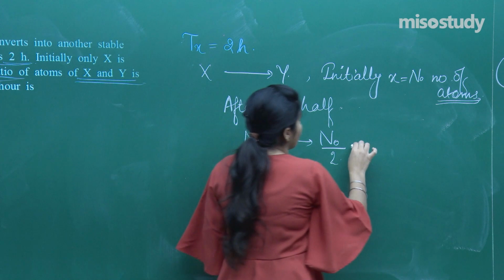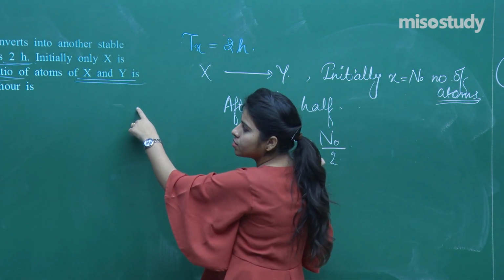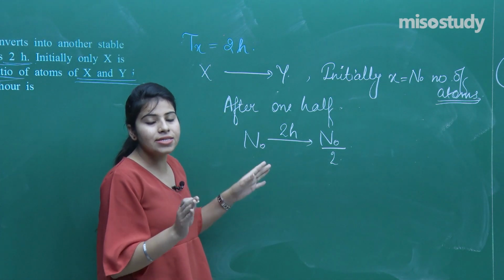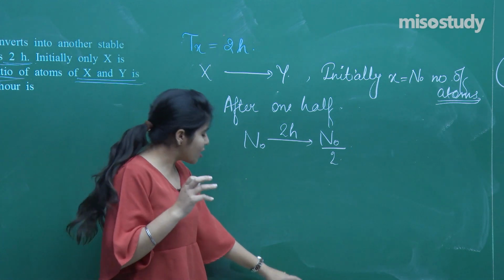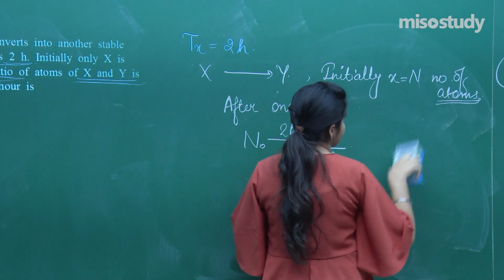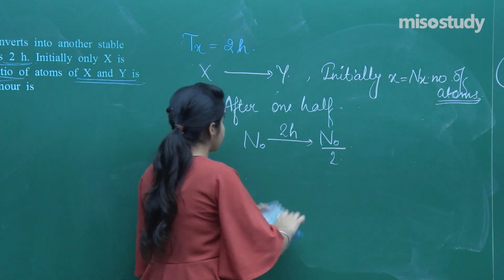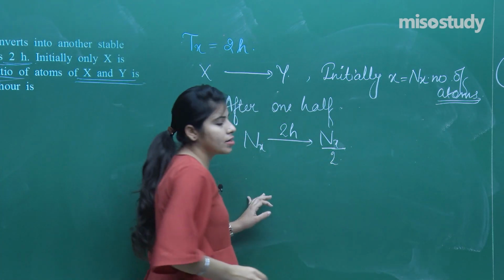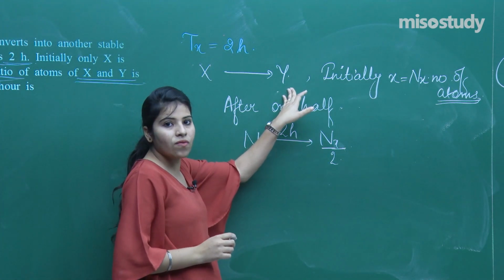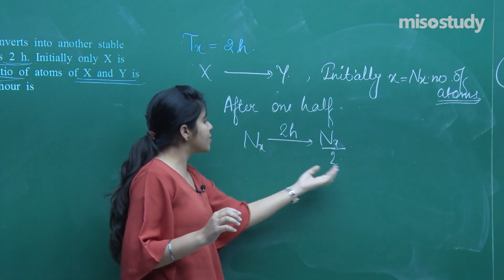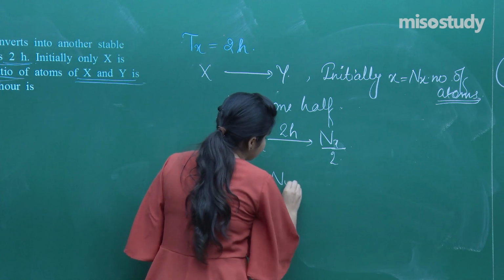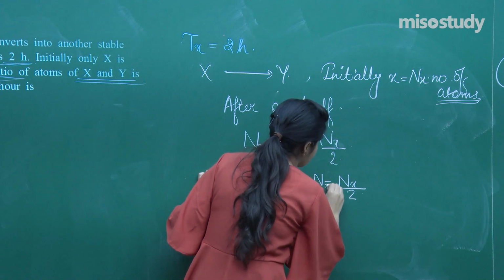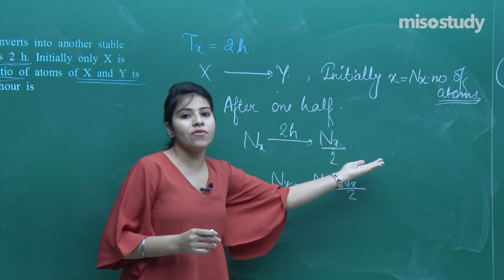Now this is the case of X, that X has been converted into n naught by 2. Let me write nx in place of n naught, that will be easier for you to understand. Now because X is being converted into Y, if nx becomes nx by 2, your ny will be the remaining part.